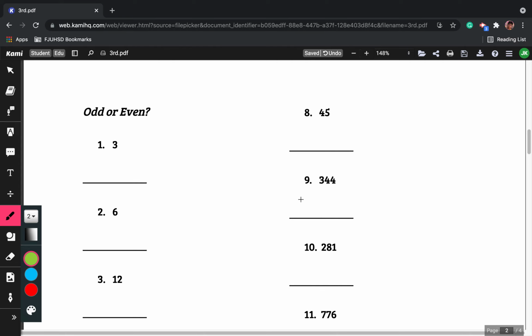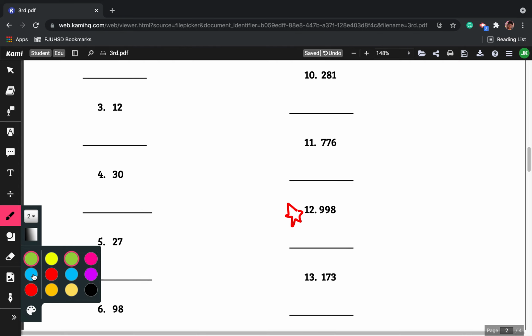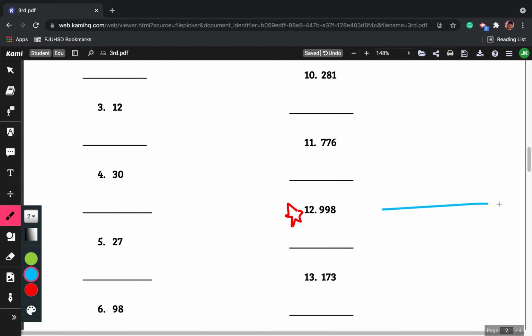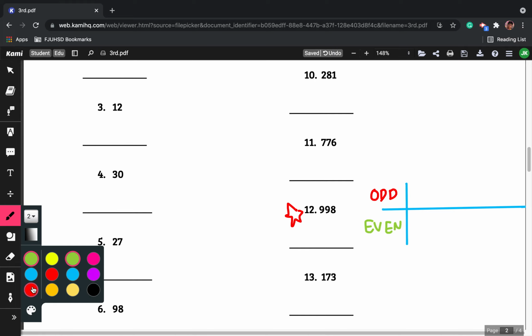So for odd and even, this is how you can tell if a number is odd or even. Looking at the last place value, the ones place value, you can tell if it's going to be odd or even by looking at the last place value number.